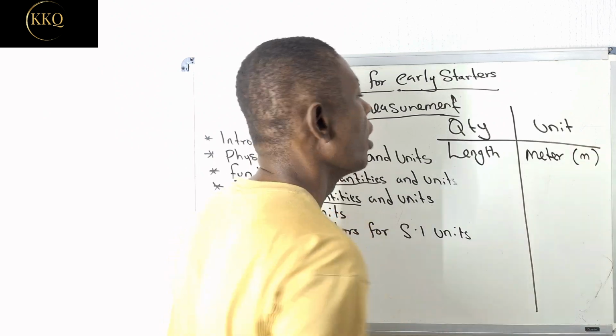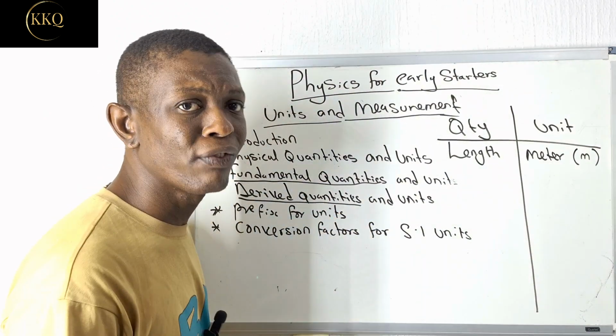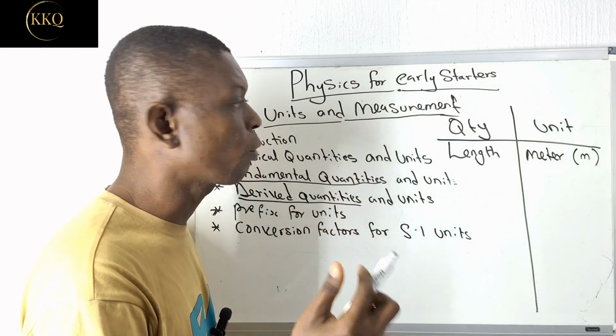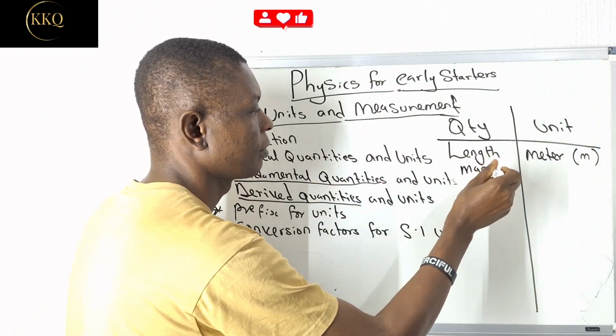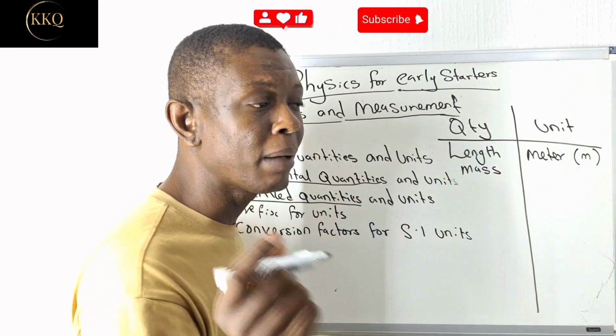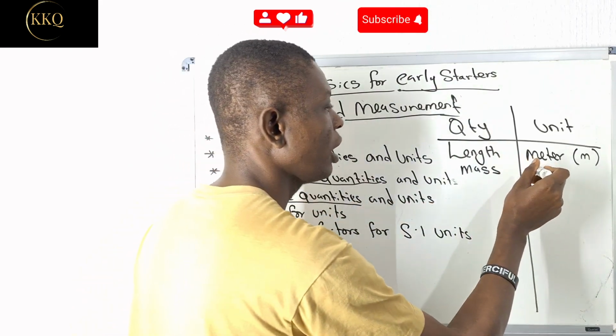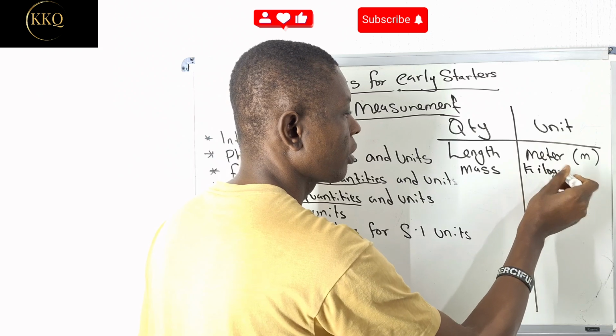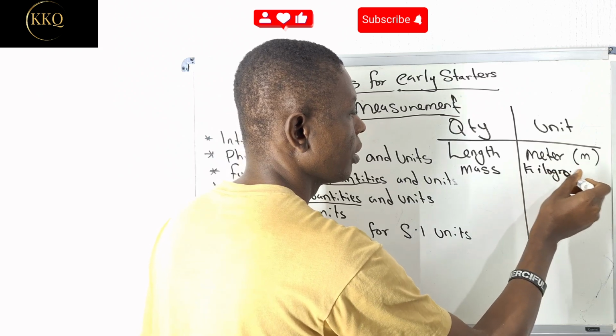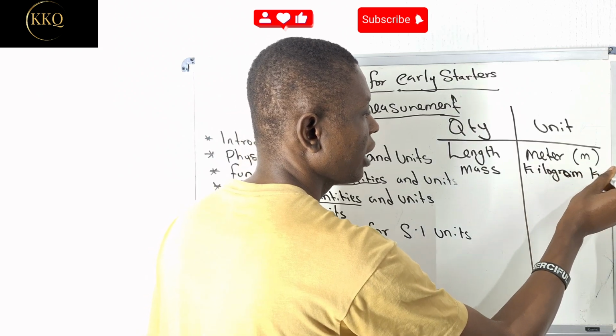M. Now, the next important fundamental quantity is mass. And its fundamental or SI unit is kilogram, written as kg.